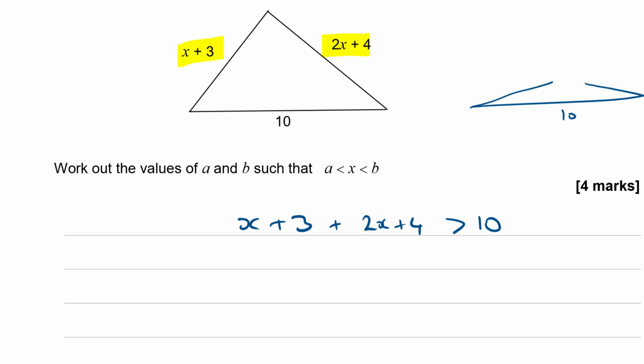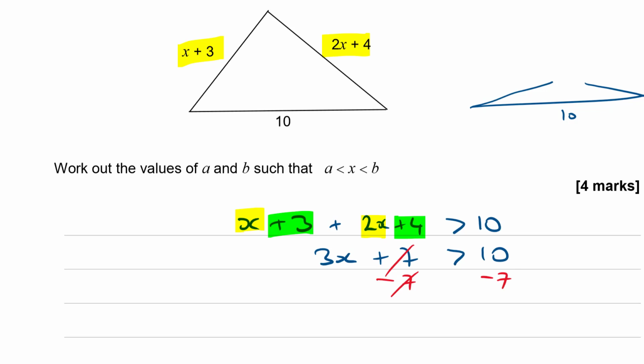Okay? So then collecting like terms, I've got x and 2x, which gives me 3x. And I've got plus 3 and plus 4, which gives me plus 7 is greater than 10. And then solving now for x, subtract 7 from both sides, they'll cancel.